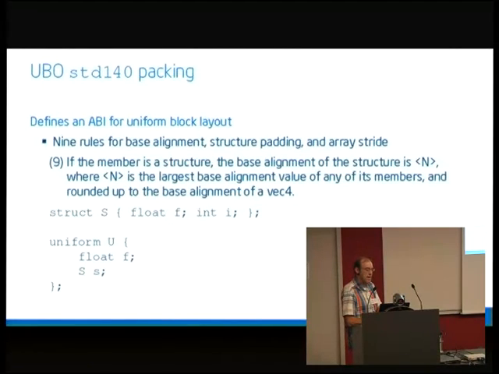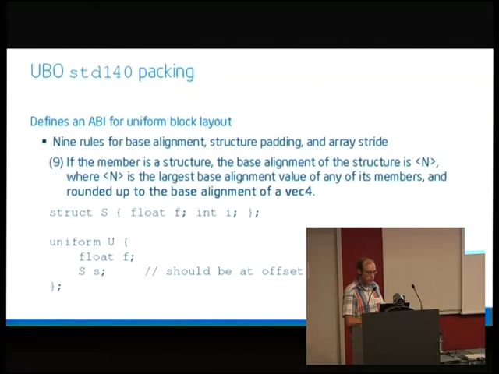And it seems that's where everyone implementing UBOs in drivers stopped reading, because they would put the base of that structure at offset 4. They didn't finish reading the sentence that says rounded up to a vec4. That should be at offset 16, but one major vendor, I don't remember if it was AMD or NVIDIA, puts it at offset 4. Like, just read.